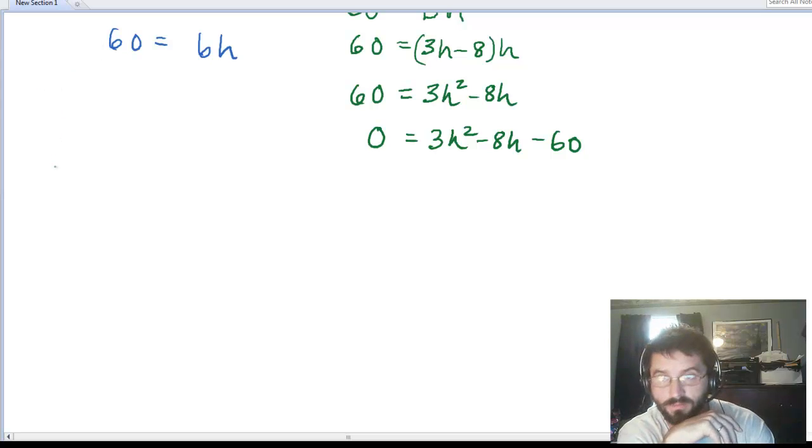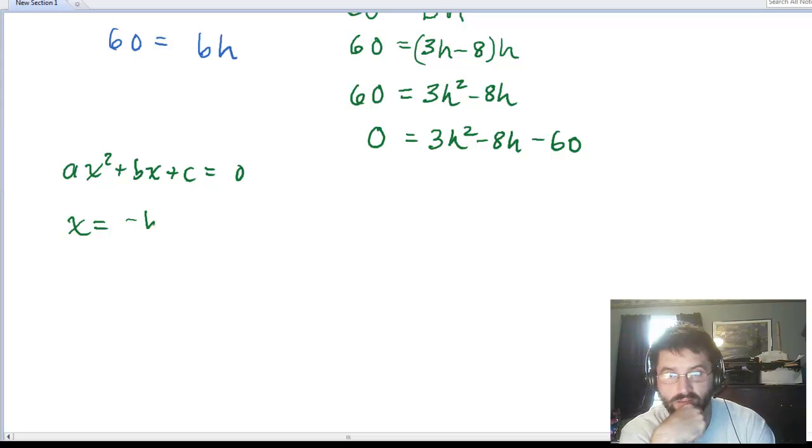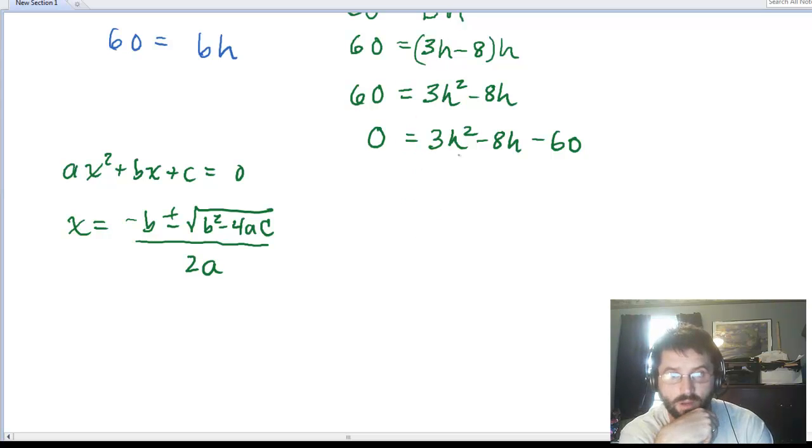For any equation of the form ax squared plus bx plus c equals 0, x will always equal negative b plus or minus the square root of b squared minus 4ac all over 2a. And so unfortunately, when I did this problem, I didn't realize I would be making a quadratic, but now we have one. So how do we solve it?